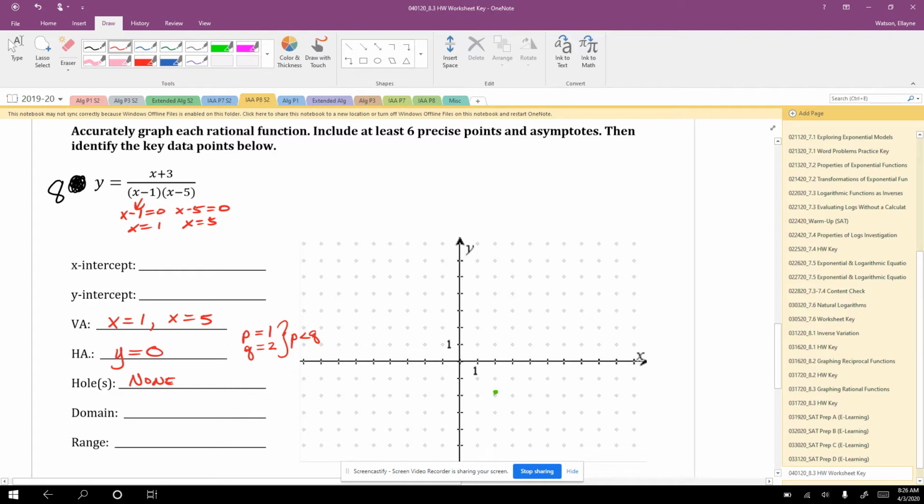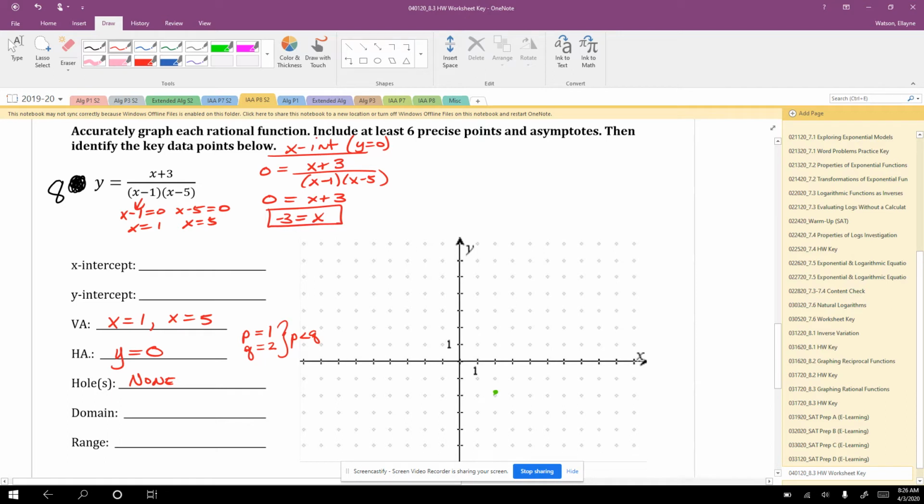Now let's find our x- and y-intercepts, the way we've always found them. The x-intercept is when y equals 0, so set y equal to 0. If you multiply both sides by x plus 1 and x minus 5, it ends up being 0 equals x plus 3, so x is negative 3.